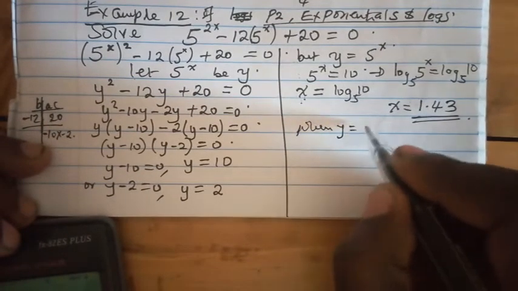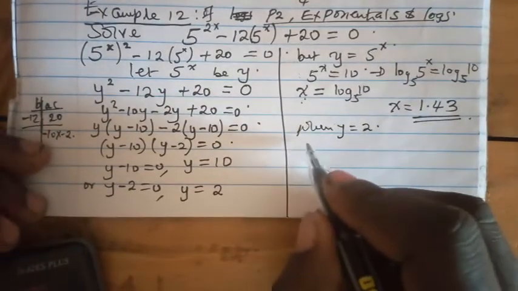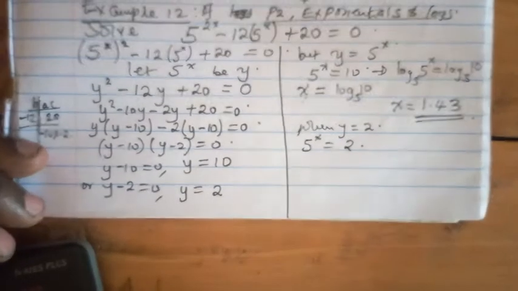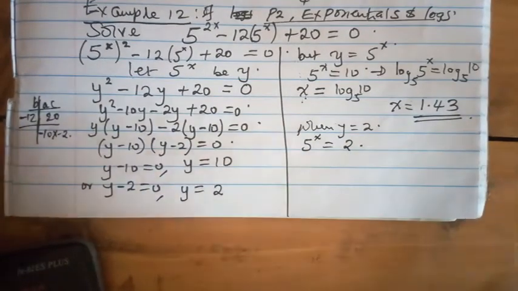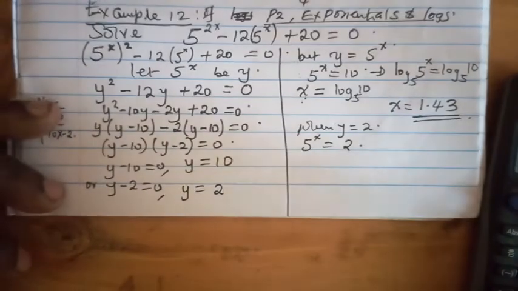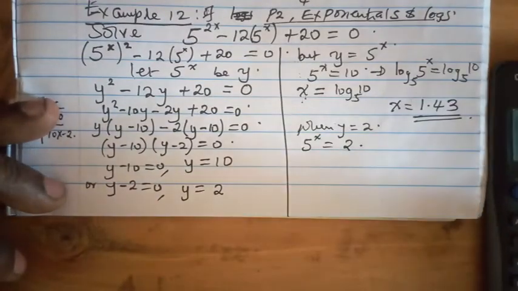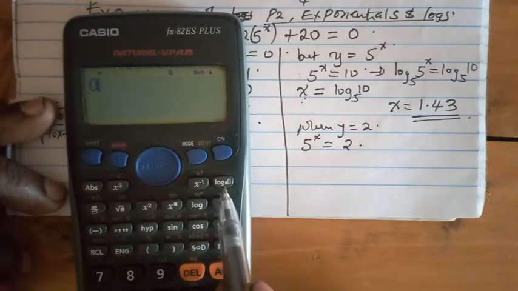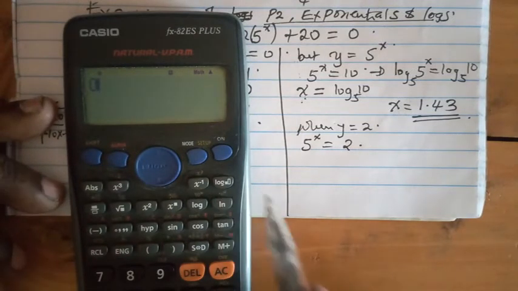when y is equal to 2, we can simply say that 5 raised to power x is also equal to 2. And allow me now to introduce log to base 10 directly on both sides, for those of us who do not have calculators that allow you to select the base.